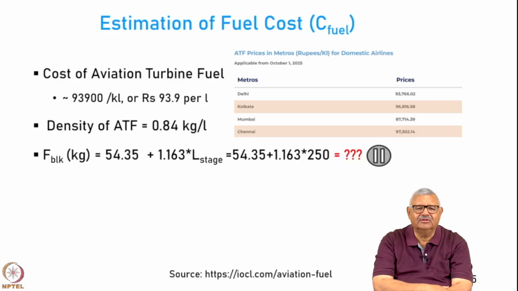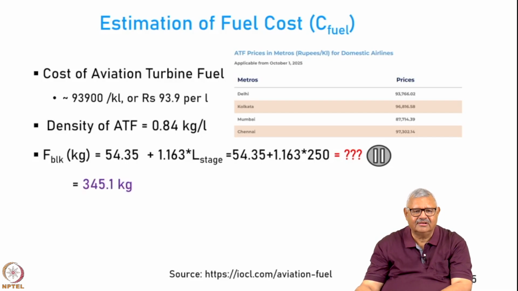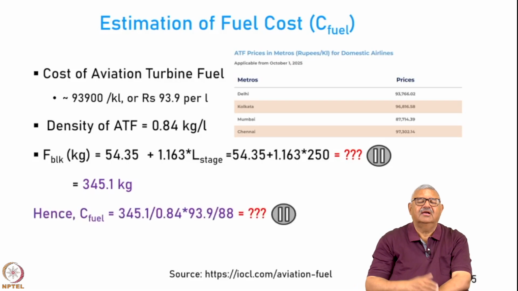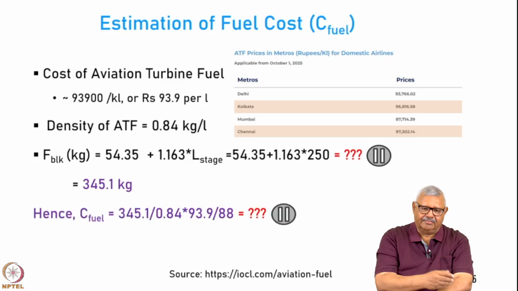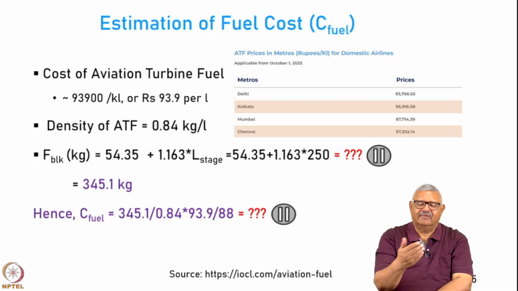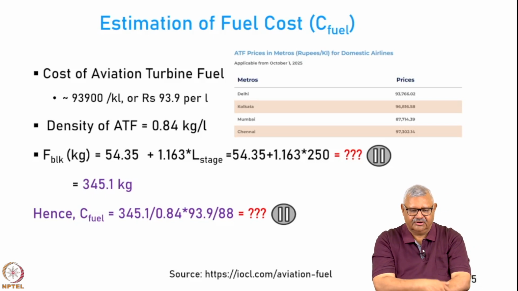the amount of fuel that you will require in operating this, already we have done the calculation, but I will again leave it here. This is 345.1 kg. Now, 345.1 kg of fuel basically means divide by 0.84 to get the value in liters, multiply by 93.8 to get the values of cost, and divide by 88 to convert the cost from rupees into the US dollar.